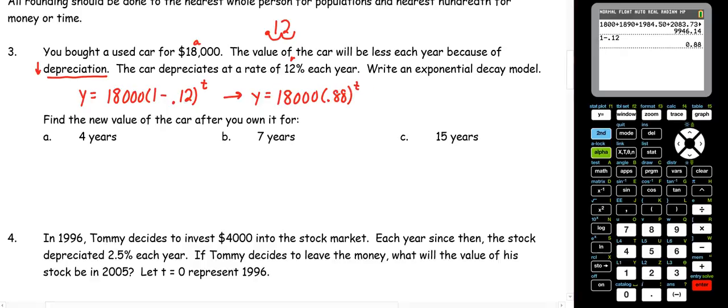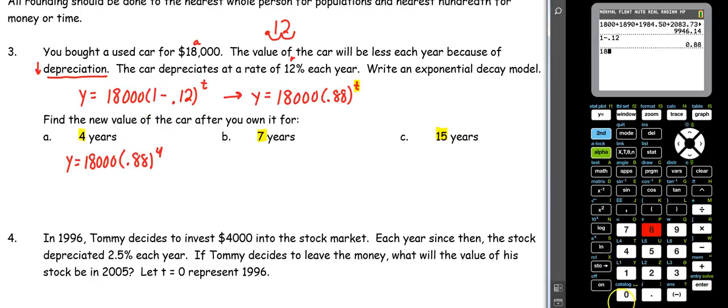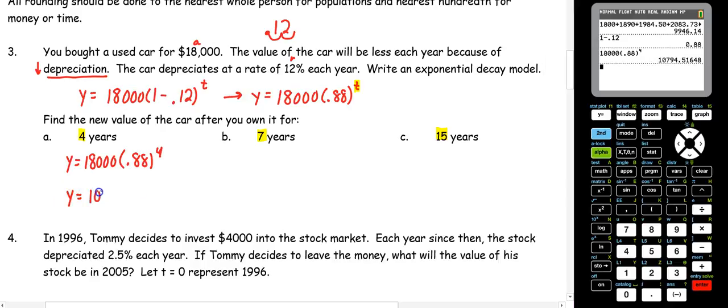So we want to know how much money we have in our car after all of these years. Remember that car values decrease each year, so our money should be getting less and less than $18,000. So for 4 years, we have y equals 18,000 times 0.88 to the 4th power. And that gets us y equals $10,794.52.